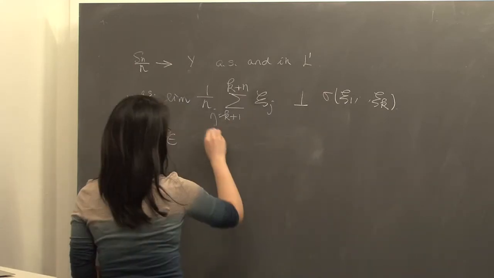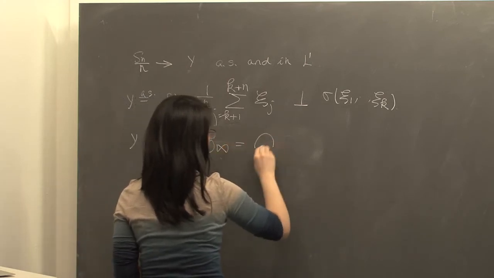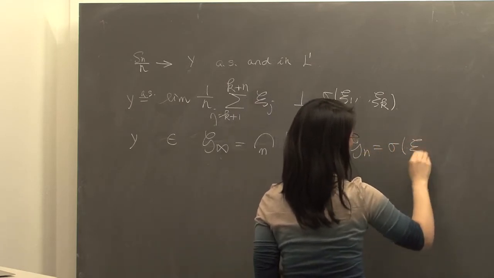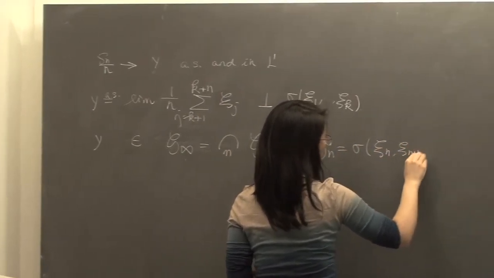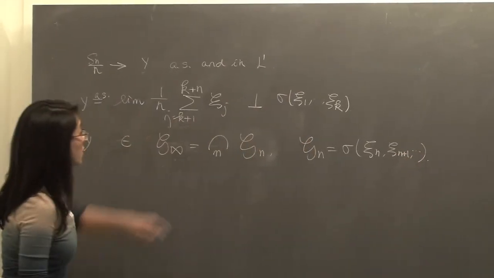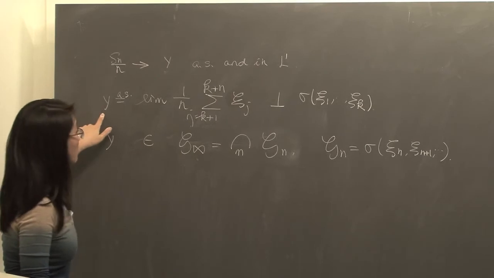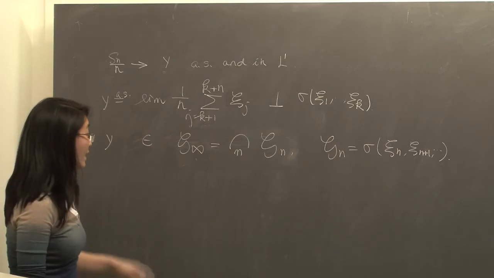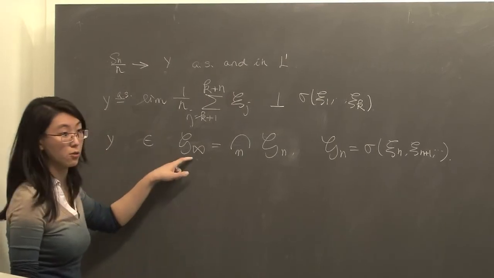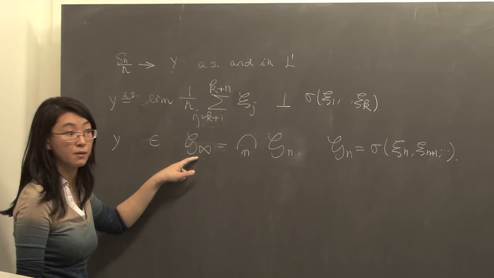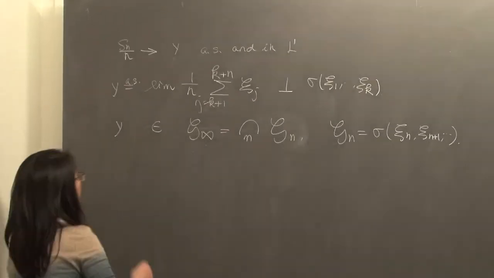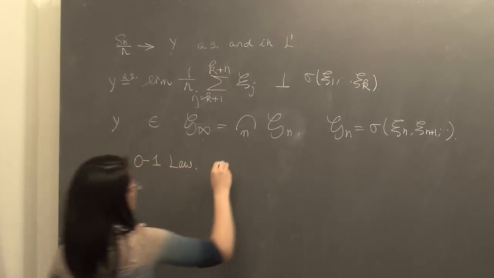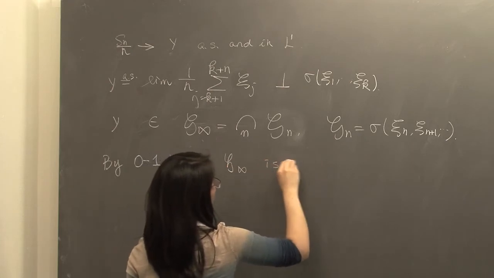So from the observation here, we know that this y is measurable with respect to Gk. And this is true for any k, so this y is measurable with respect to G infinity. This is the tail sigma algebra. And by the 0-1 law, we know that this G infinity is trivial.